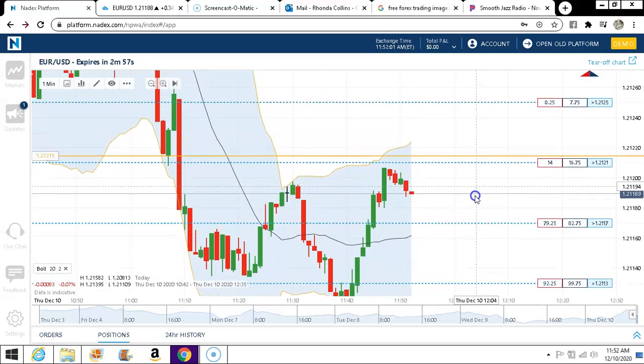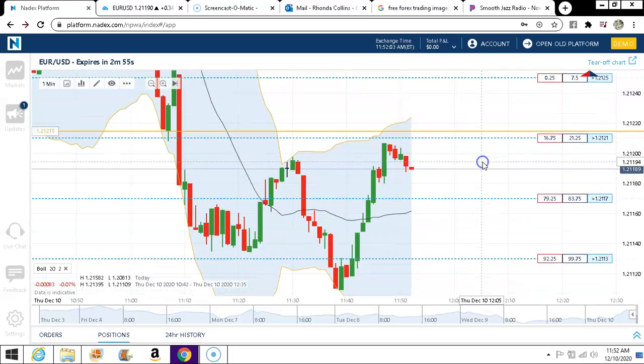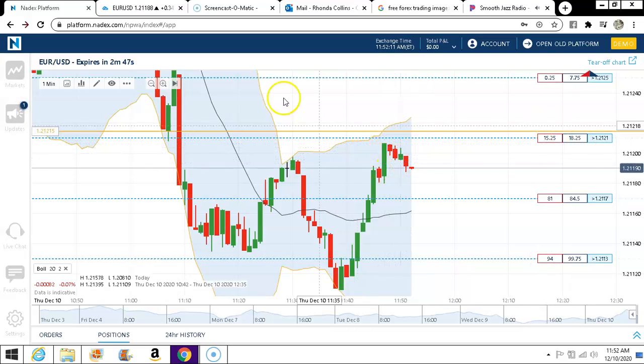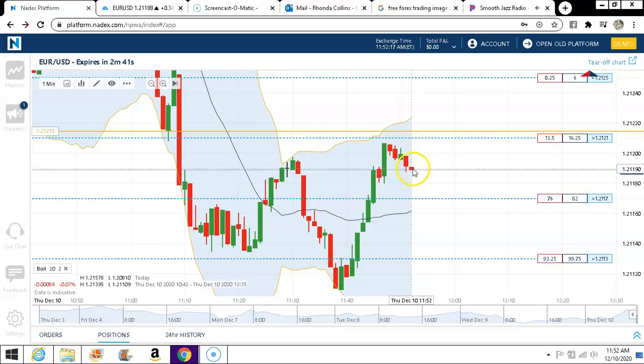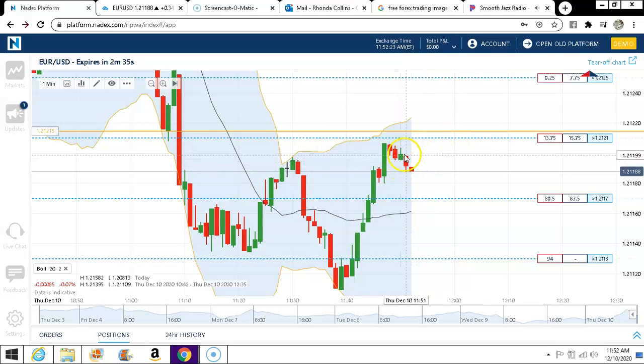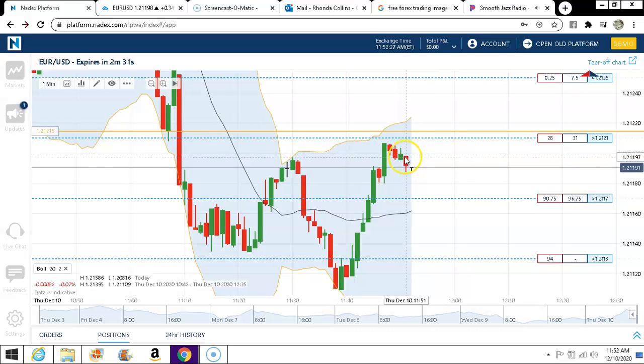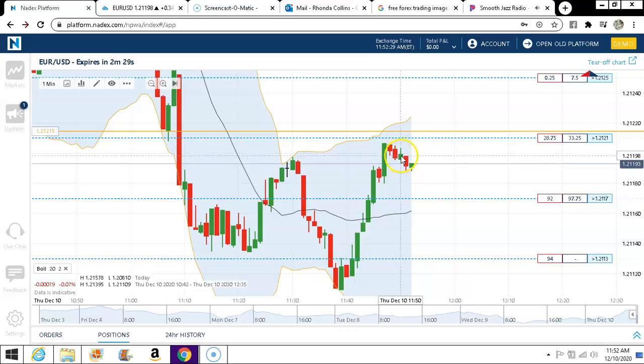Depending on where the price is, this is a bearish engulfing candle. We'll use this one. We've got 2 minutes and 46 seconds left in the 5-minute binary option, which consists of 5 1-minute candles, and we're on our 3rd candle right here. If you notice, price came down and fully engulfed this previous green candle.